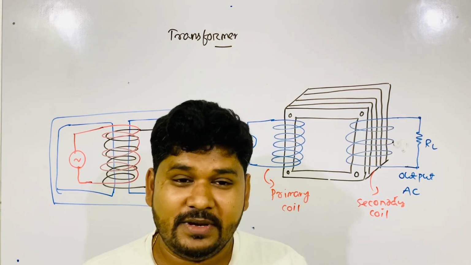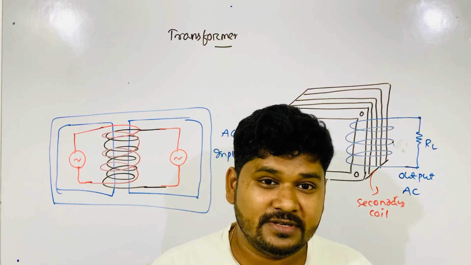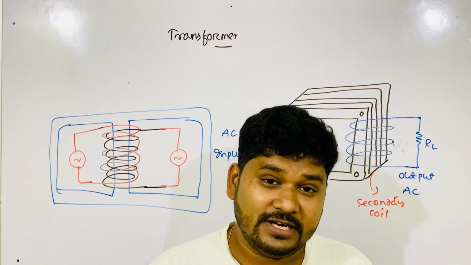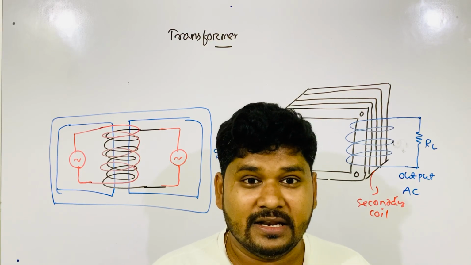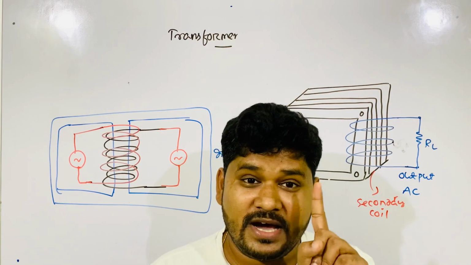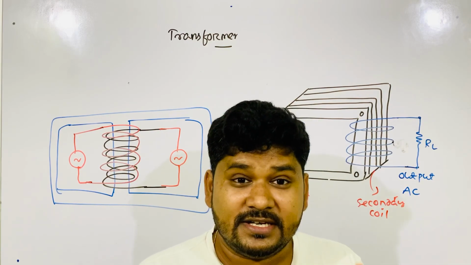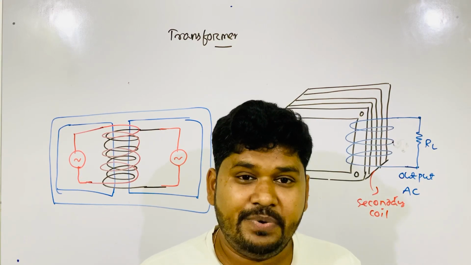Because you connect the mobile charger to 220 volt, but your mobile charges at only 4.5 volt. Imagine if that 220 volt were fed directly to your mobile phone, what will happen? So one transformer is there in your charger. A transformer is a device which is connected in every circuit, everywhere.